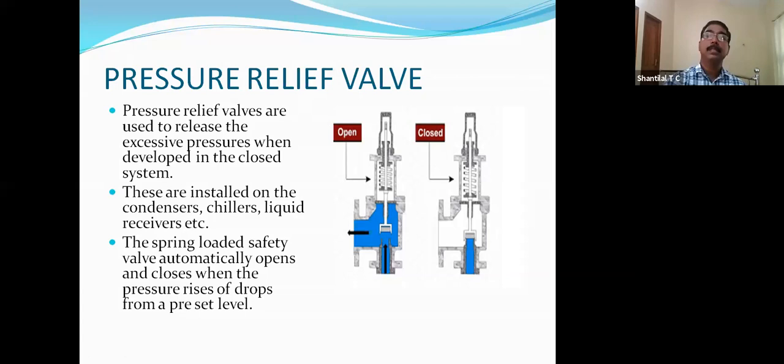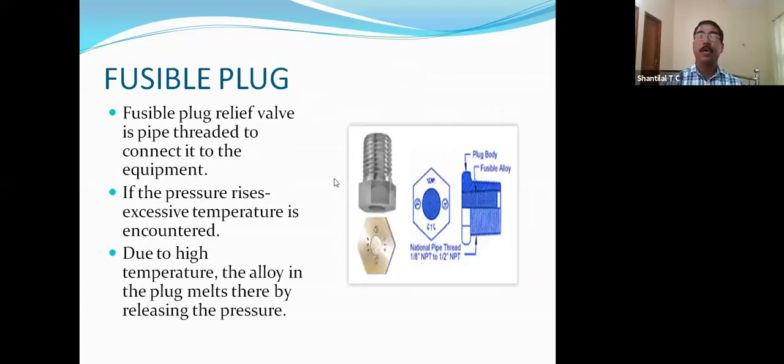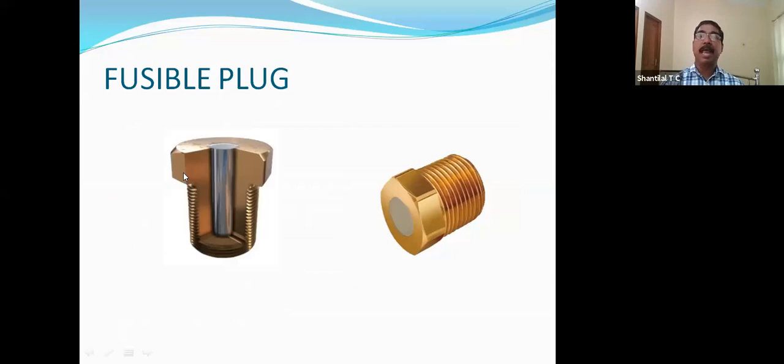Next is the fusible plug. See, we know in our home a fuse will be there. Suppose excess current is coming, the fuse is burned. Once it is burned, we have to reconnect it. Like that, in our refrigeration system, a fusible plug will be there. See, this is the sketch of the fusible plug, and this is fixed on the head of the compressor or liquid receiver head or condenser head.